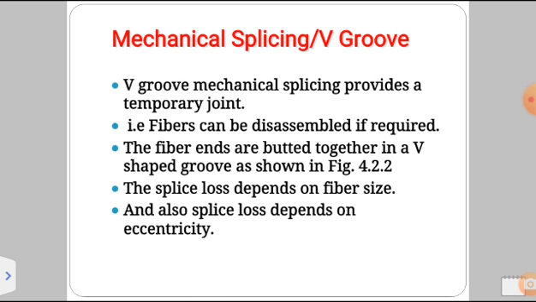Now let me discuss only fiber to fiber joining, and the size of the fiber. If the size of the fiber is larger, as in multi-mode fiber, losses are more, and in single mode fiber, the fiber size is very small, so losses are less. Also splice loss depends on the eccentricity. There is also another factor, and this is the topic I covered today.